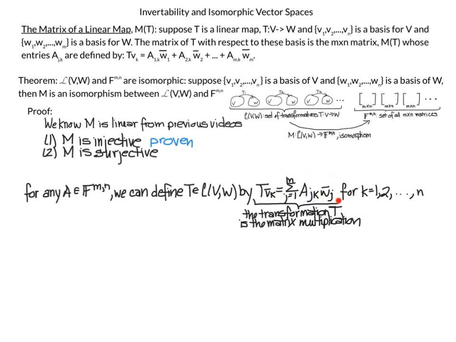This formula is how you do matrix multiplication of the matrix A times a vector w. So the transformation T is then the matrix multiplication. Given a matrix, we can devise a transformation, and therefore M of T equals A is surjective.